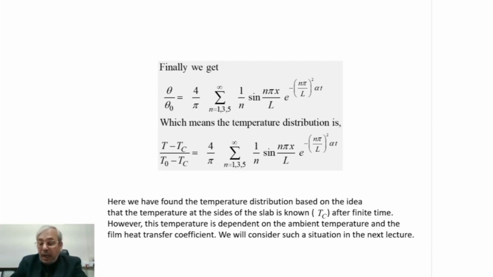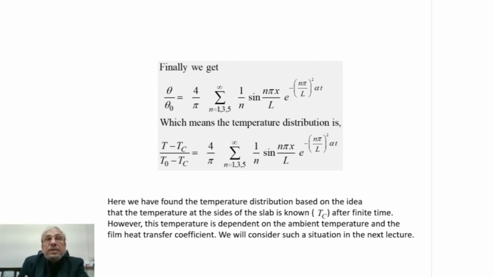In reality, this Tc will be reached because of the given local ambience, due to which h, the film heat transfer coefficient, will be decided, and also the temperature of the ambience will be known. So T infinity and h will finally decide Tc. Here we have taken Tc as the final temperature which will be reached in a parametric form.